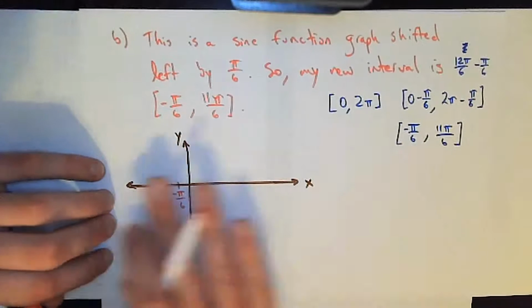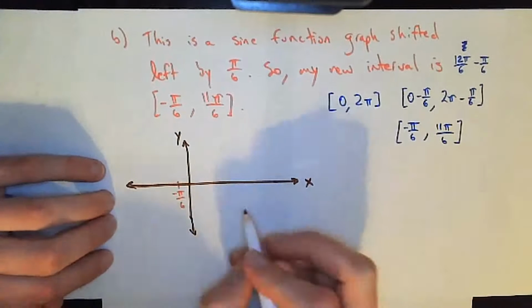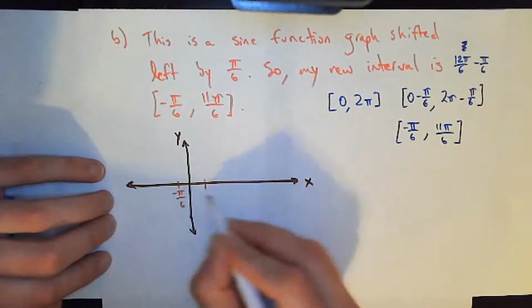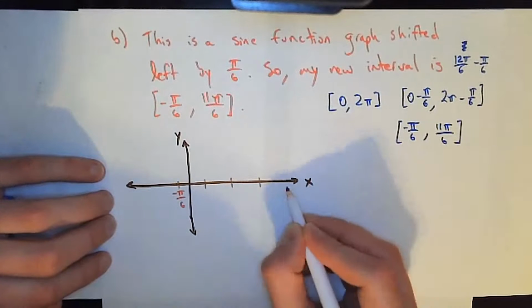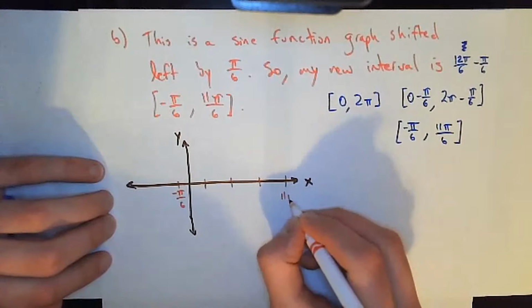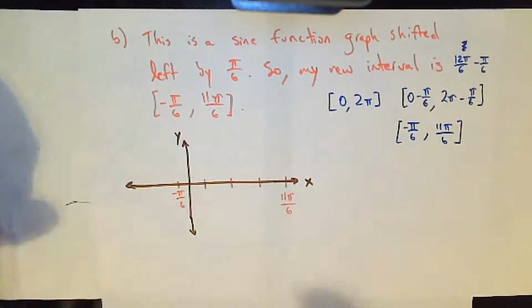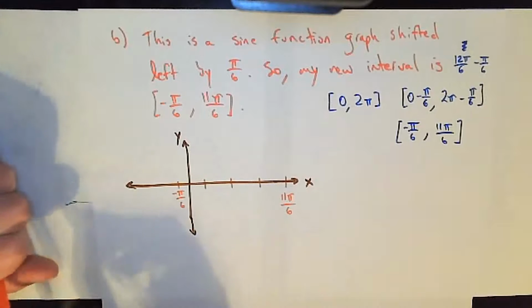How many tick marks should I have? Well, I should have 5 total. So I'll put one there, that's 2, 3, 4, 5. Okay, so there's 11 pi on 6. Got to figure out what these are in between.